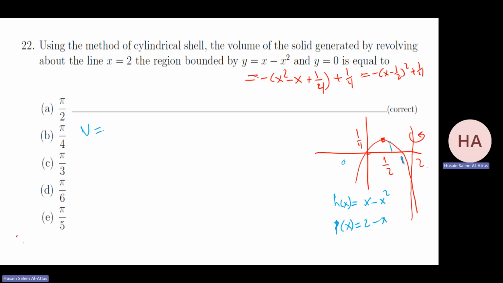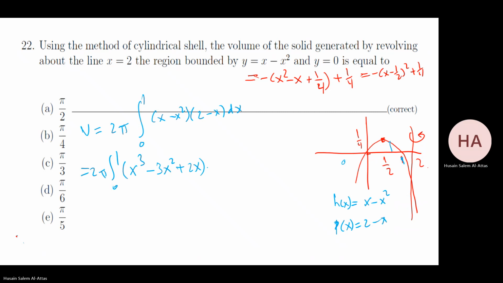So the volume will be 2 pi, 0 to 1, of the parabola times 2 minus x dx.